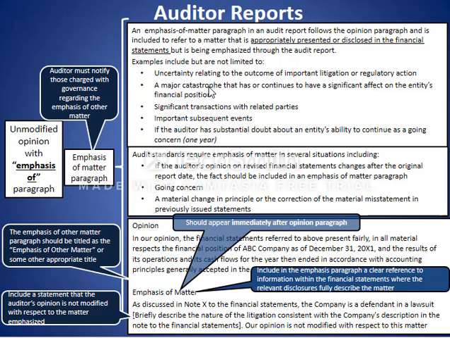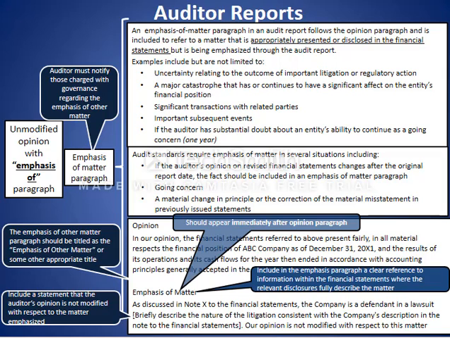A major catastrophe that has or continues to have significant impact on the entity's financial position. Significant transactions that occurred with related parties. Any important subsequent events to which the auditor wants to refer separately.